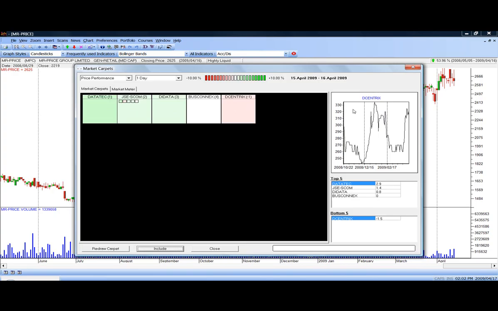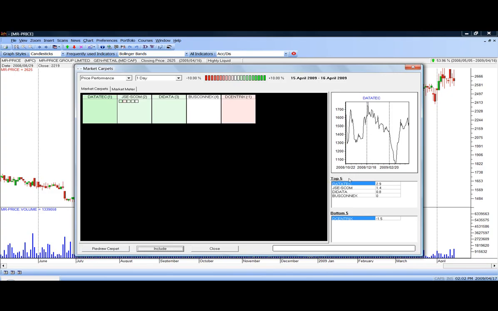Again, looking at the graph on the right-hand side, you will see the performance of each of the shares. If you put your mouse tip on there, it's going back to October 22nd, so you get very quickly an idea how these shares have been performing since October last year. And as you can see here, Datatec has indeed moved up quite considerably over the time period.